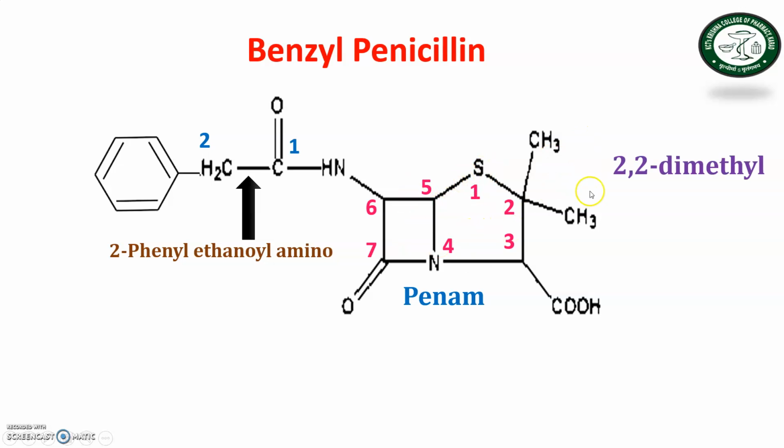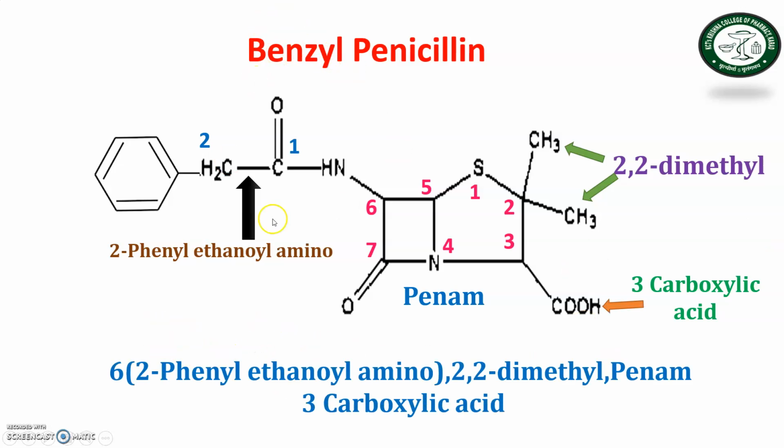There are two methyl groups at position number 2 and one carboxylic acid at position number 3. The chemical name of benzyl penicillin is 6-[(2-phenylacetyl)amino]-2,2-dimethylpenam-3-carboxylic acid. Very important structure for the exam.